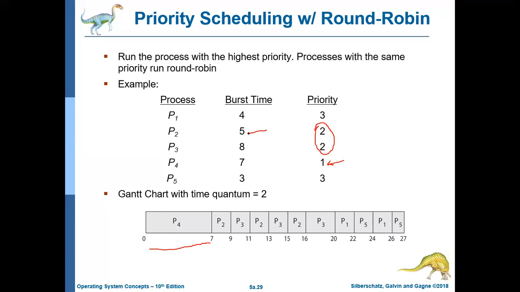Here you are managing with the round robin. For 2 quantum, you are managing this P2. Then P3 you are managing for 2 units of time. Then again 2 units of time, you will be managing P2. So you will be managing P2 and P3 again and again until those are completed.